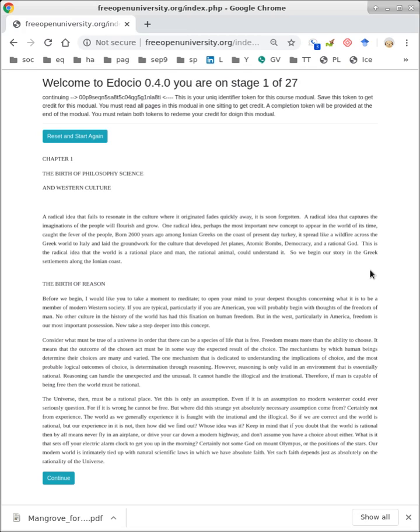Every one of these textbooks has unique things about them that you would definitely remember. For instance, the page we're looking at right now has a sentence that talks about the culture that developed jet planes, atomic bombs, democracy, and a rational God. Well, if that sentence doesn't upset you on some level, then you're probably brain dead.